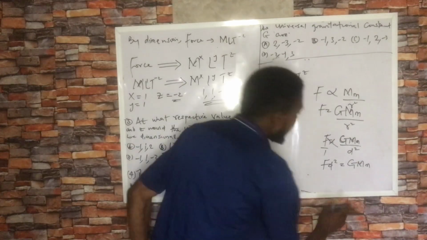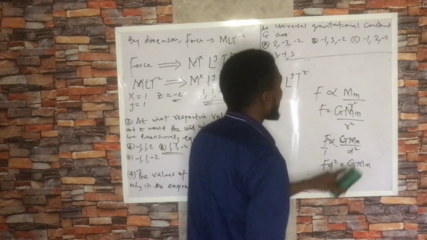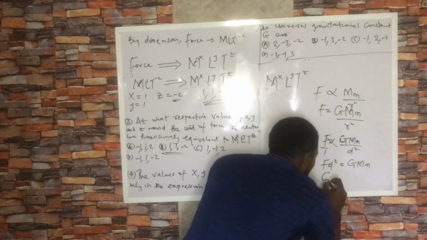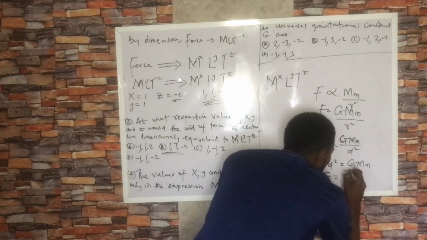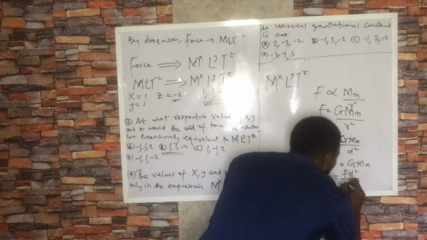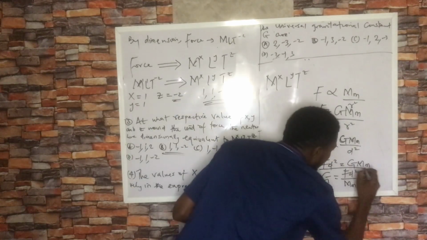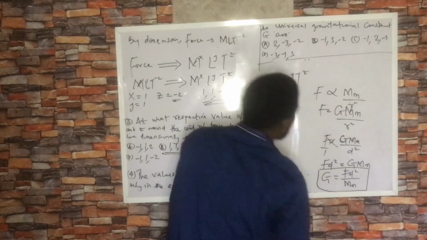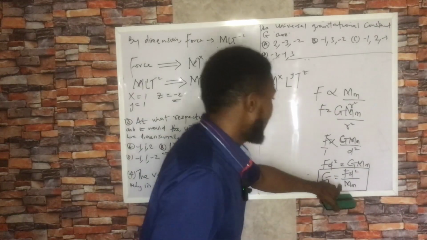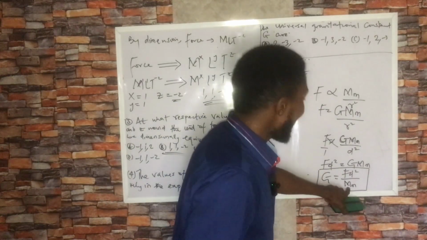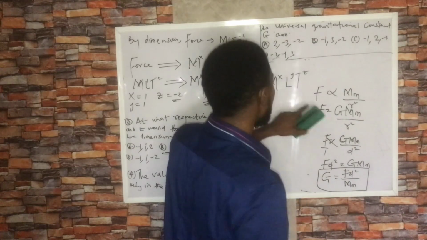Then you make G the subject of the formula because that's what we want to work on. So G is equal to F d squared over capital M small m. This is what you want to compare with M^x L^y T^z, according to the law.